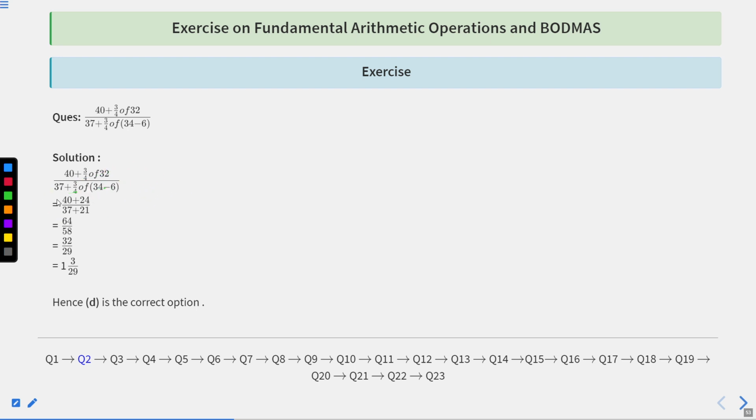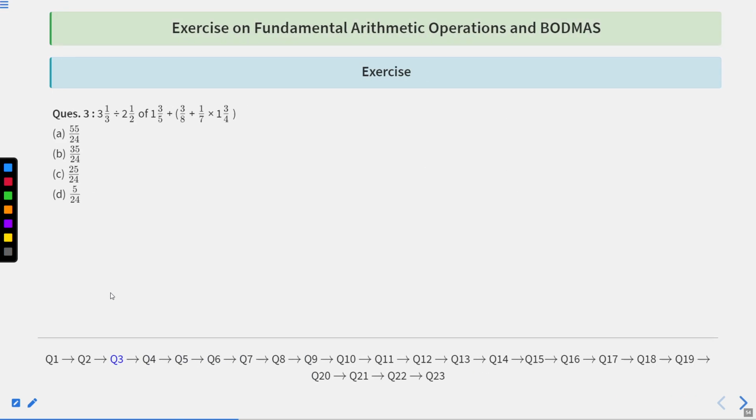So we can write it as 40 plus 24 upon 37 plus 21, which will be equal to 64 upon 58. On further writing, you can see the options are mixed fractions, so we have to convert this into a mixed fraction. So it will be 1 of 3 of 29ths. So the correct option here is option number D.